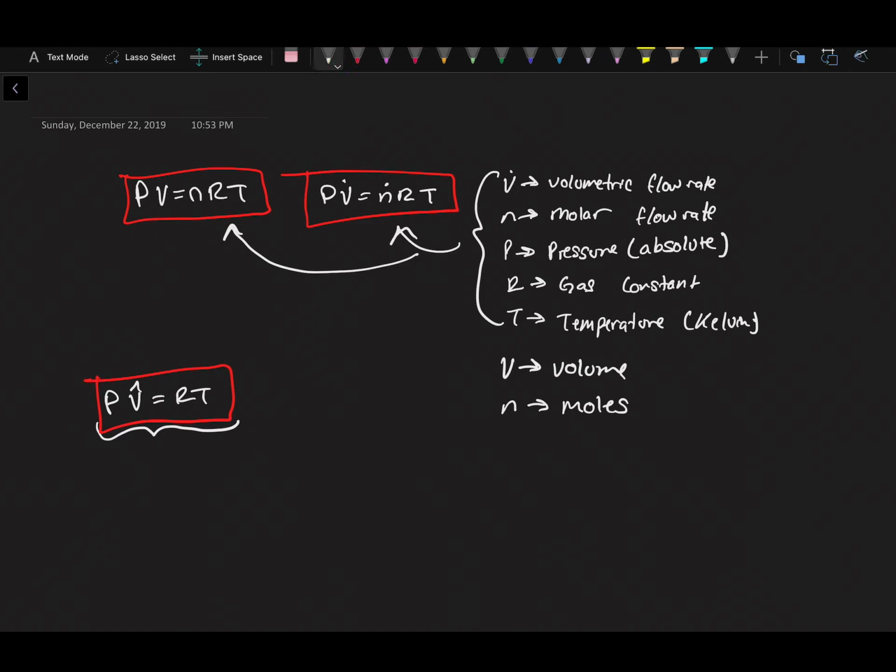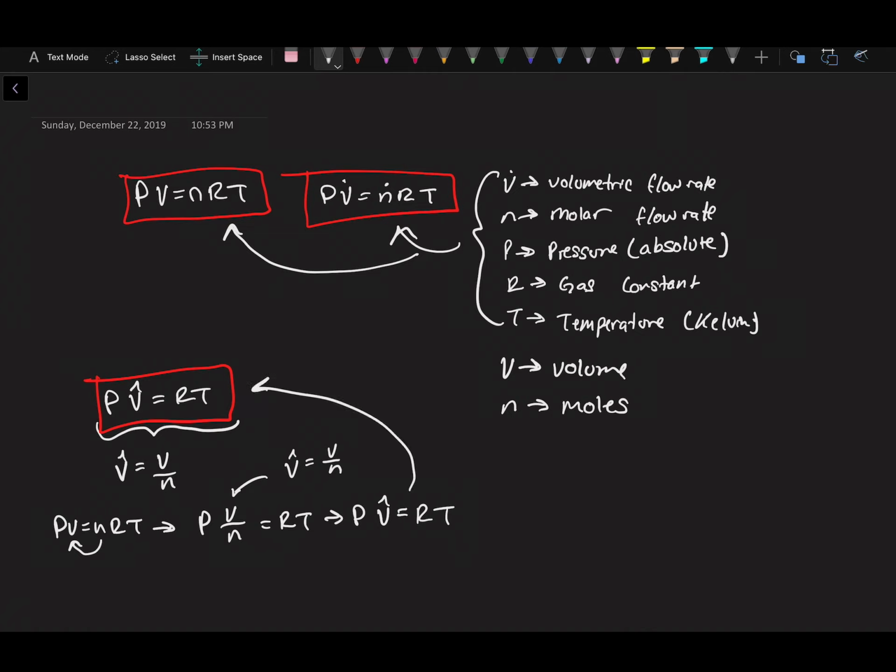Let V hat equal V over N. If you were to rewrite PV equals nRT like this, P times V over N equals RT, I just divided this over here. And we let V hat equal V over N. We could therefore write PV hat equals RT, and that is the formula we have written over here, and it is equivalent to the one we have up here.